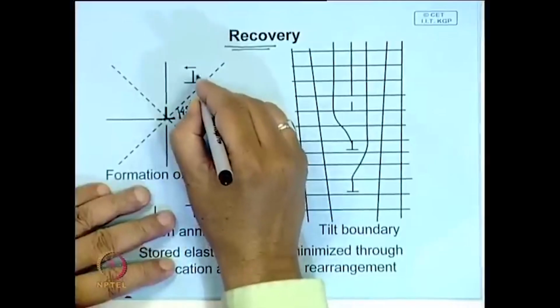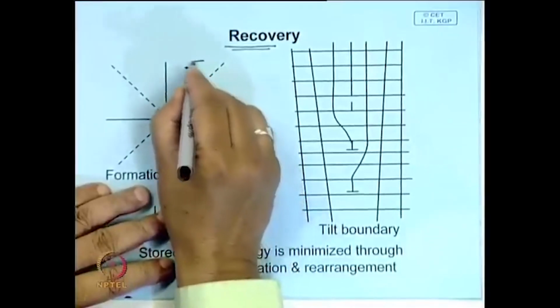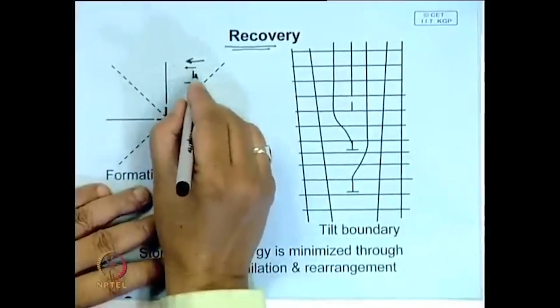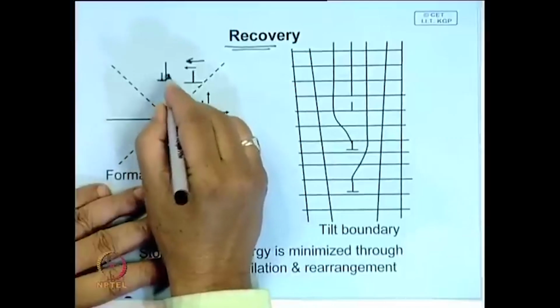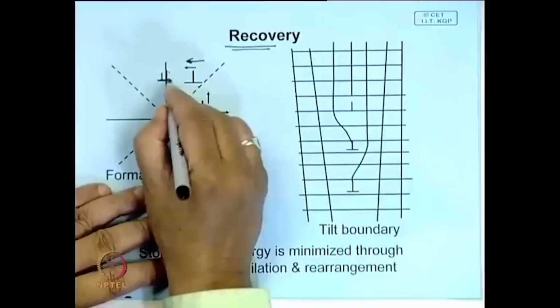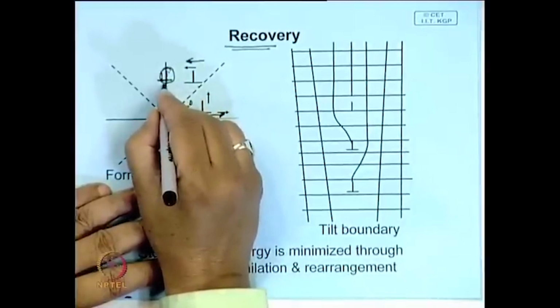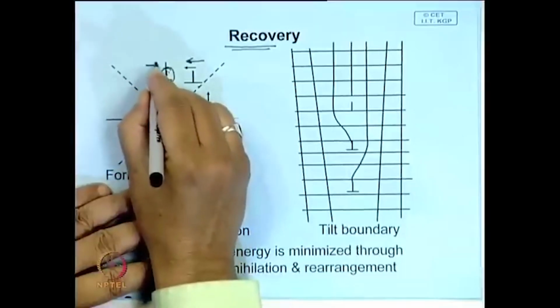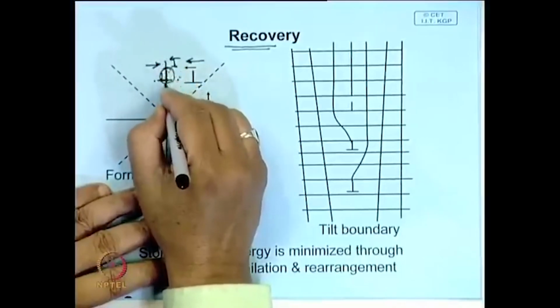If it goes beyond this, then the force on the dislocation, instead of being one of repulsion, becomes one of attraction, it comes here, and once it reaches this particular point just above this, this is a stable configuration, and if it moves slightly this side, the force acts in this direction. If it is slightly displaced on this side, force acts on this side, brings it here.